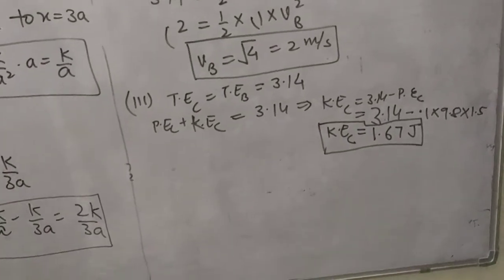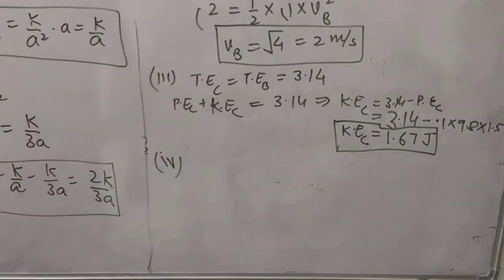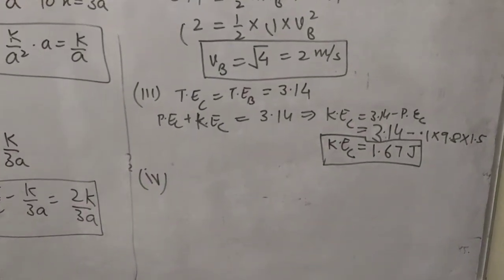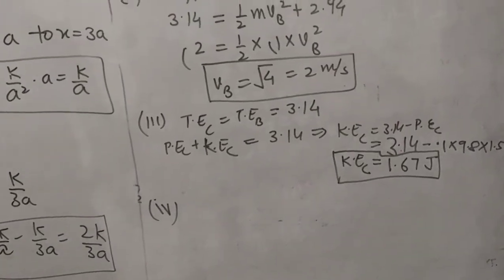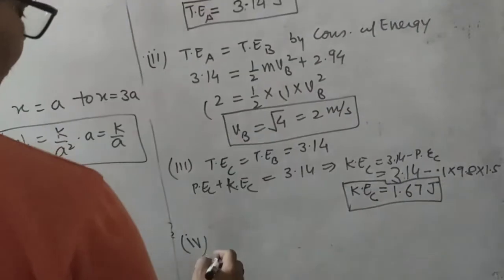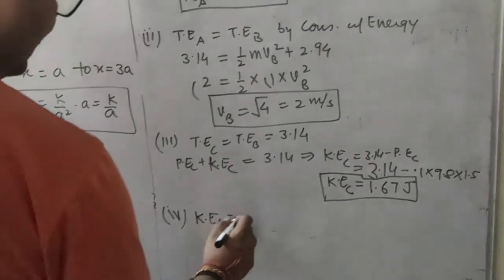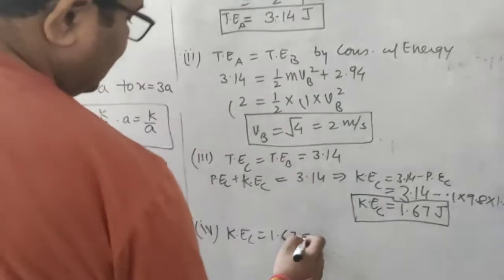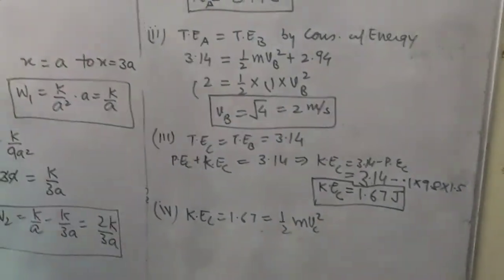Now the fourth part. What is the velocity of the ball at C? You all can find the velocity of the ball at C. Kinetic energy at C is 1.67 joule, equal to half m into Vc square.